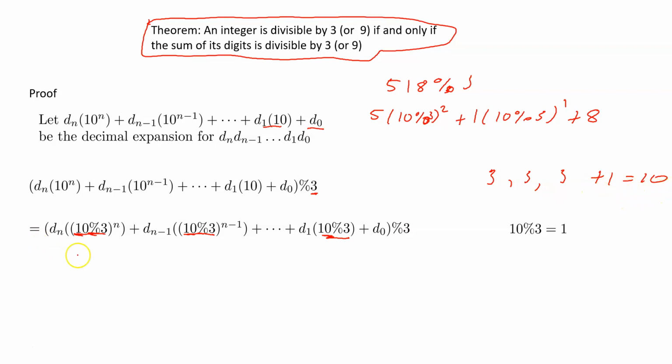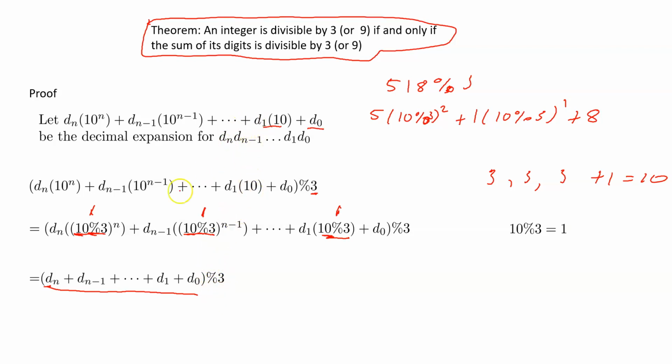So when we find our remainder modulo 3, I can take all of the powers of 10 and replace each of them with a 1. Why is that useful? Because we just end up getting the sum of the digits, modulo 3. And that basically completes our proof.